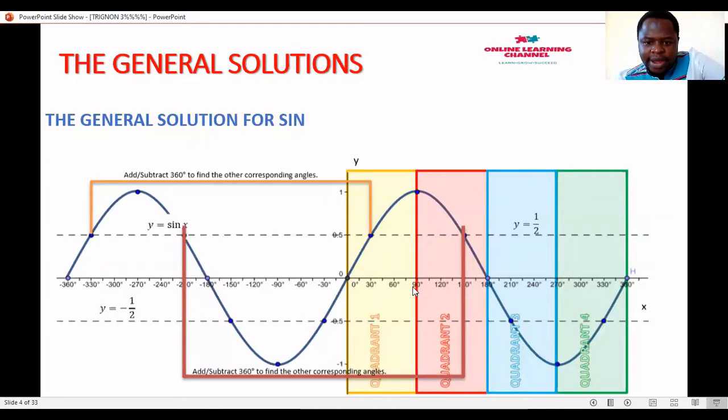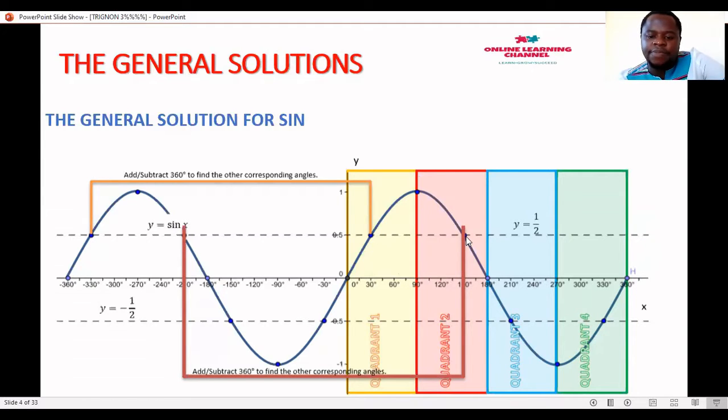From 0 to 90 degrees is your first quadrant, then 90 to 180 is your second quadrant, 180 to 270 is your third quadrant, and 270 to 360 is your fourth quadrant. Starting from 0 up to 360, that's why we say the period of a sine graph is 360, because this is a full complete wave cycle.